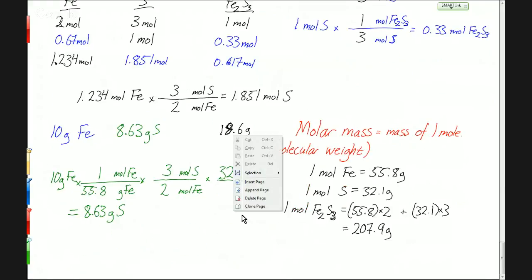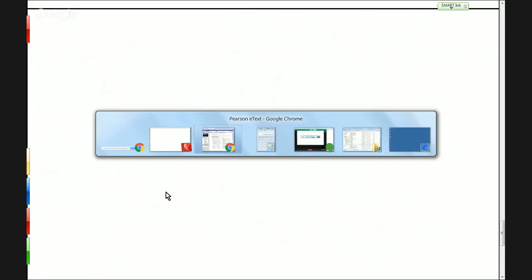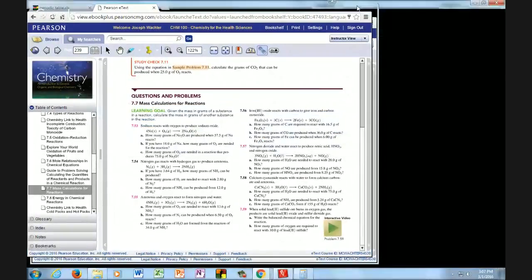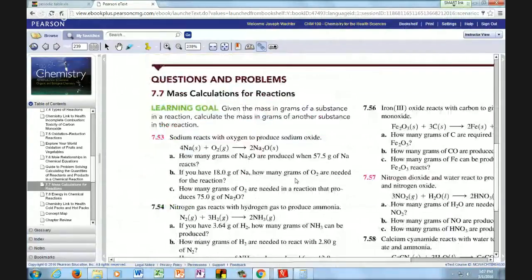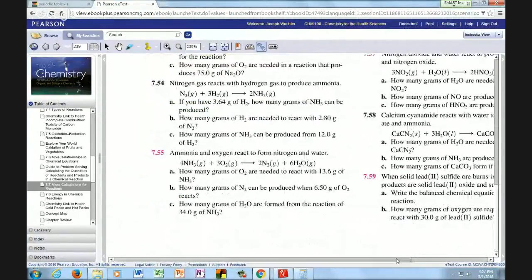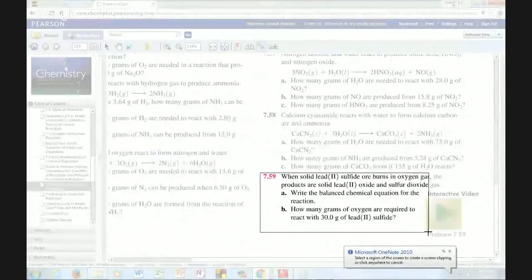All right, so the last thing I want to show you is kind of what the end goal is, what you should be able to do at the end of all this after all our practice in class and your practice at home. And it's something like this. Let's try this one here.